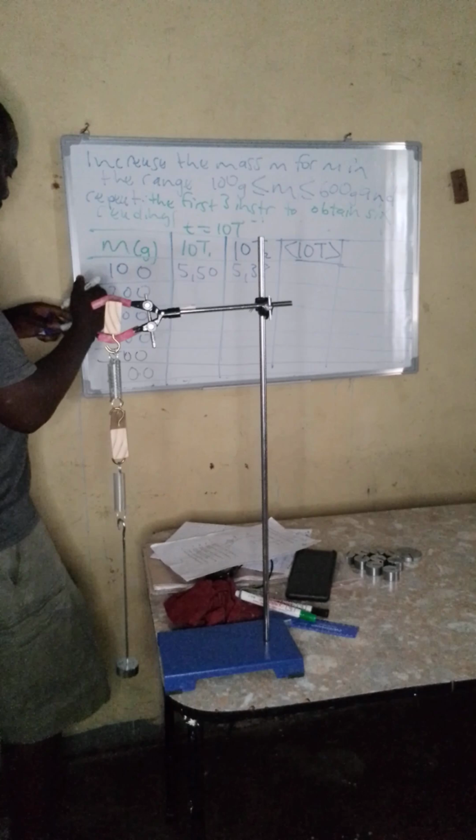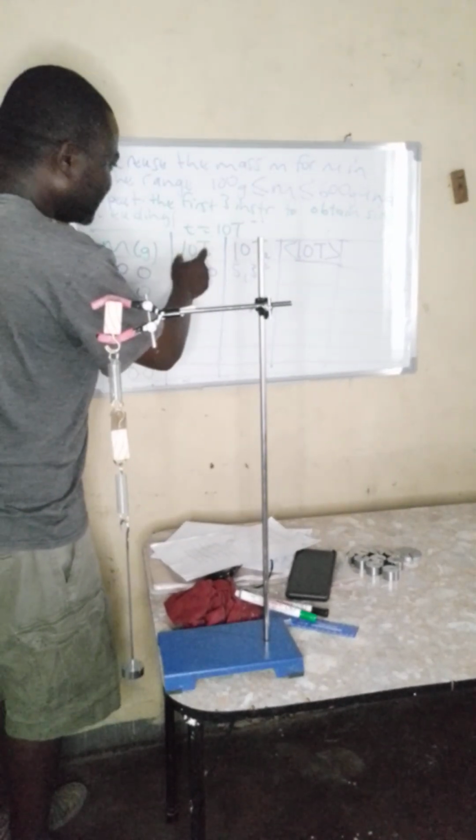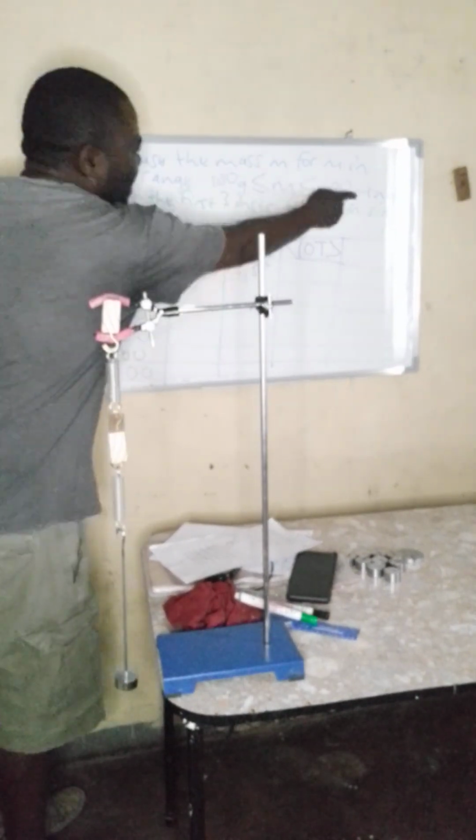So now our table has got all the masses for which we should measure 10 T1 and 10 T2. So we should be within the range.